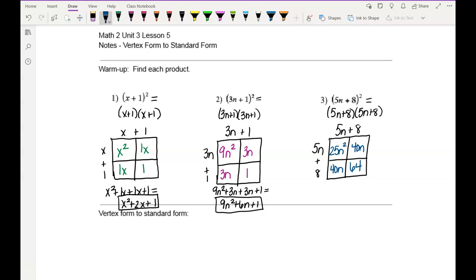So now we need to combine our like terms. 25n squared plus 40n plus 40n plus 64. So 25n squared plus 80n plus 64. So again, just reviewing the skill of multiplying a perfect square trinomial.